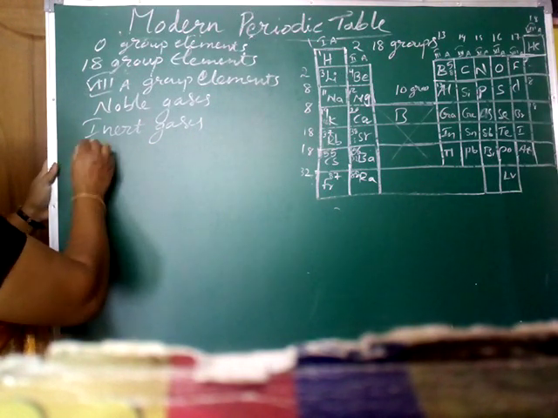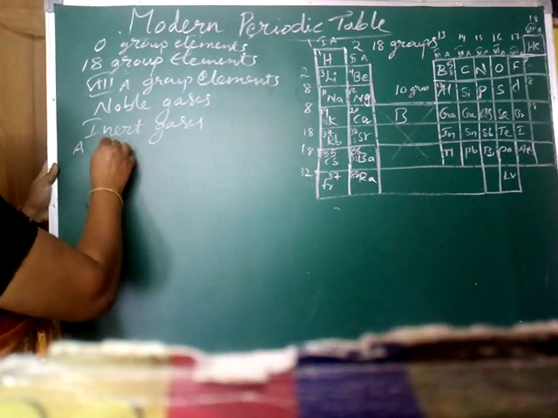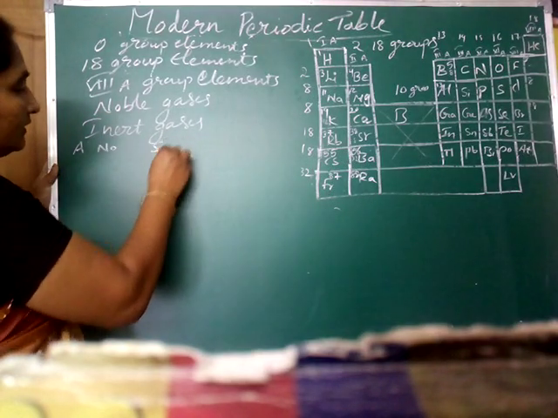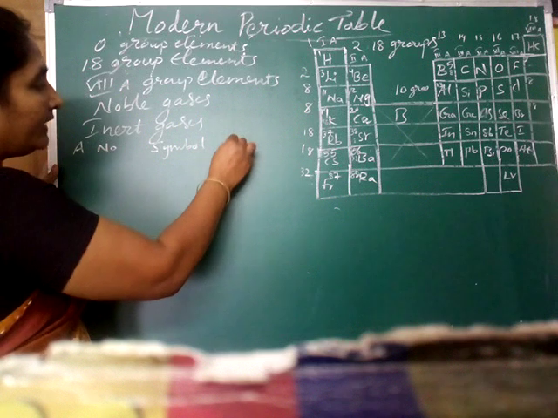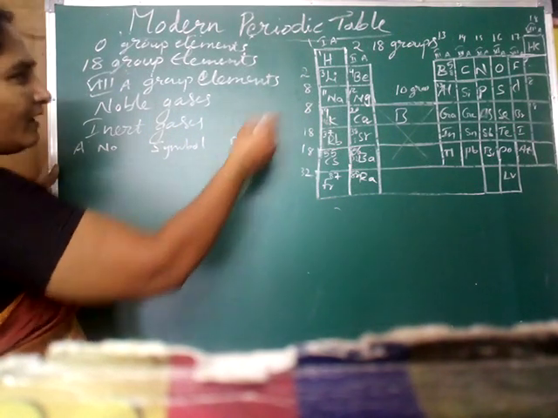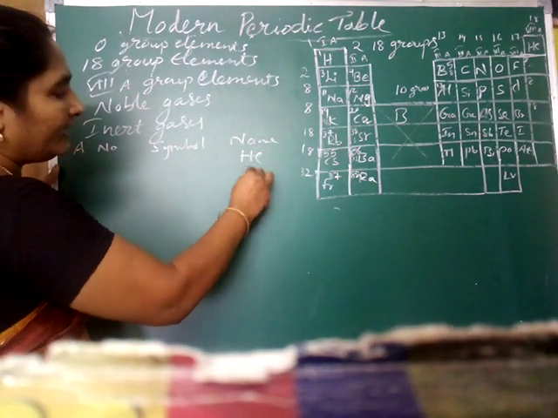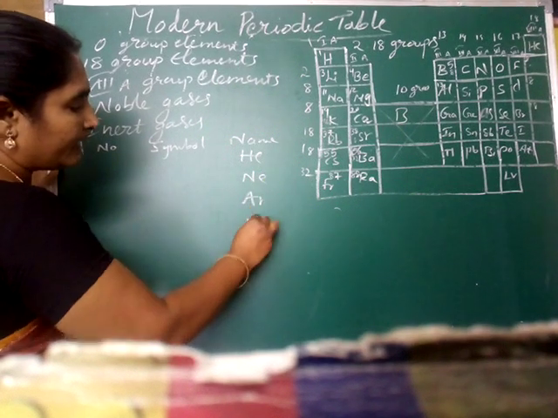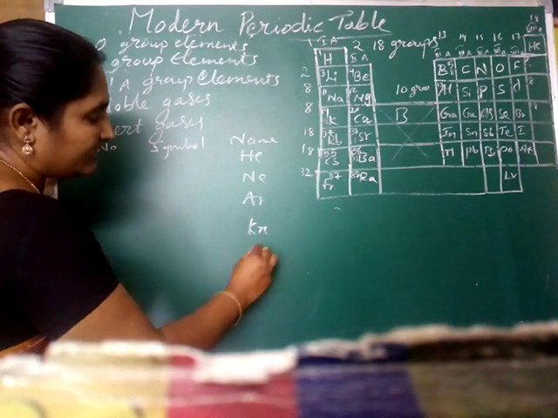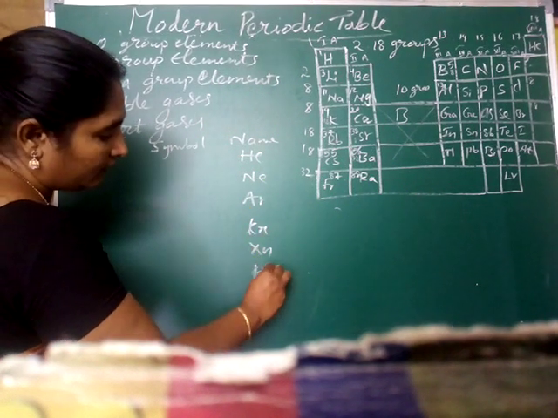What are these, madam? I am writing here the atomic number, symbol and name. Already you know the names: helium, neon, argon, krypton, xenon, radon.